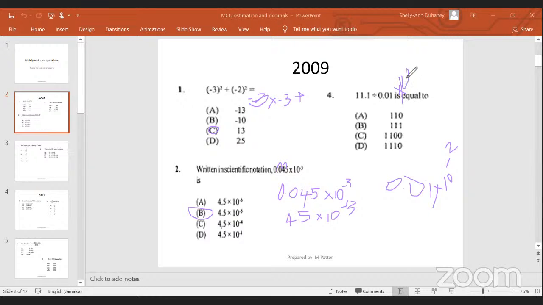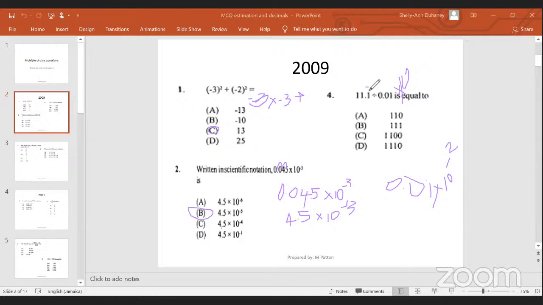If I multiply that by 10 to the second power, I would get 1. Bear in mind, whatever you do to the divisor, you have to do the same thing to the dividend. So since we multiply this by 100, we have to do the same thing to the dividend. So if I multiply this by 100, what would I get? 1,110.